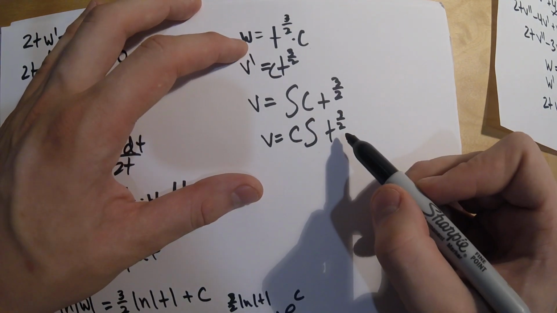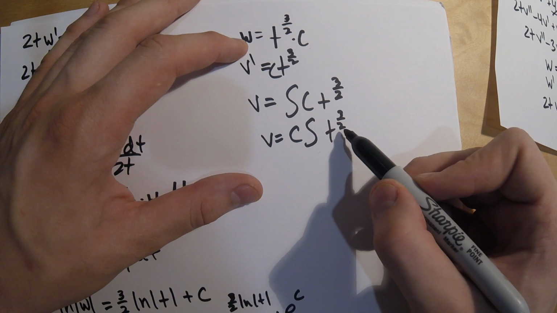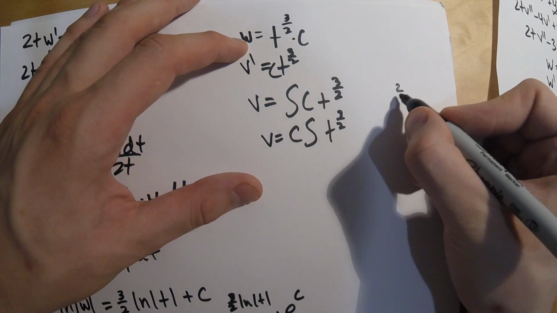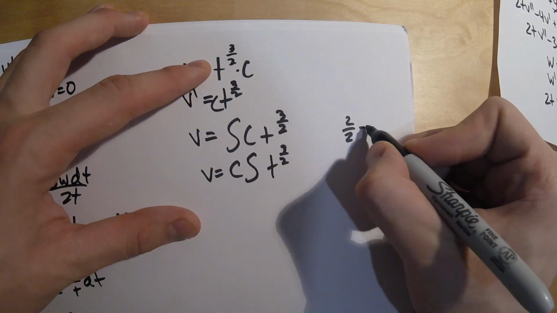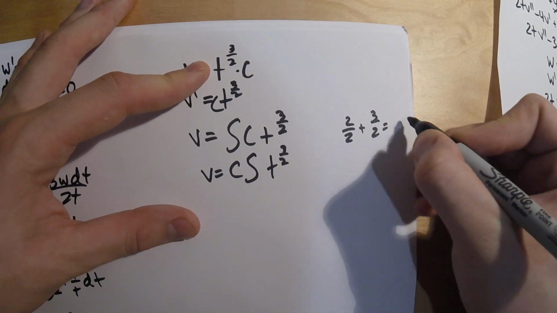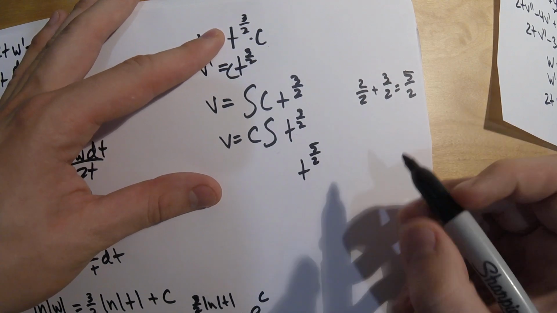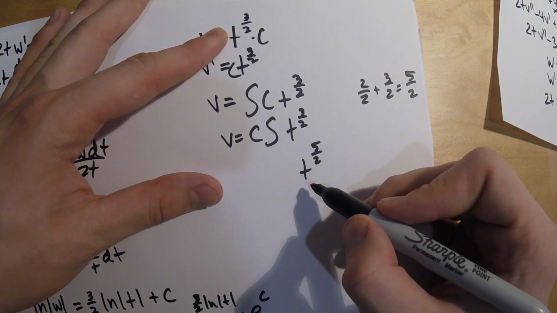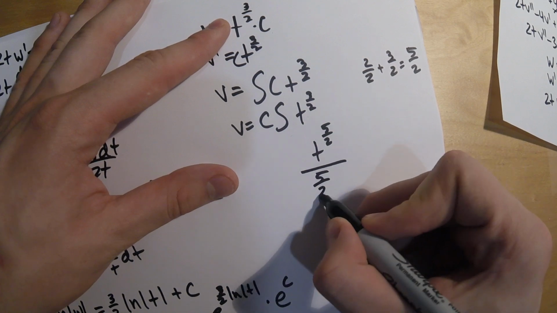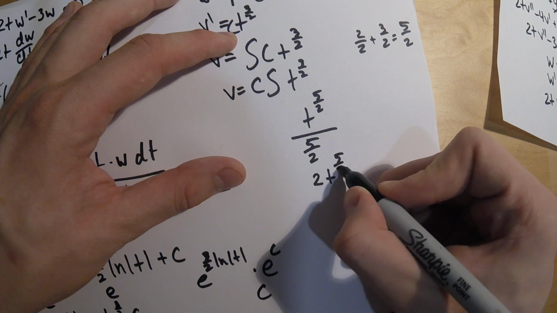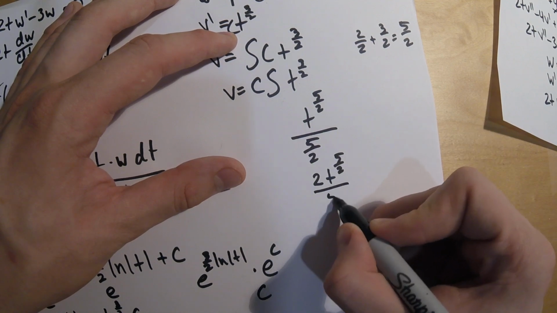So what happens when you integrate this? You add 1. 1 is going to be 2 over 2. So 2 over 2 plus 3 over 2 equals 5 over 2. So it's going to be t to the 5 over 2, right? And then we divide it by 5 over 2, which is simply 2t to the 5 over 2 divided by 5, right?